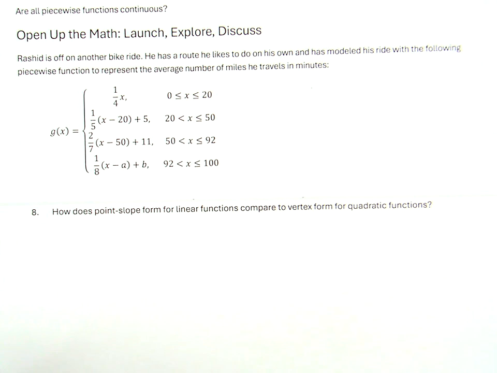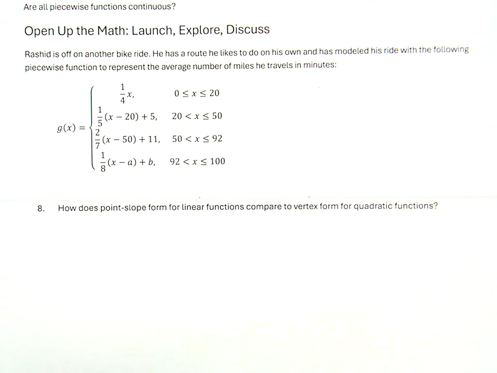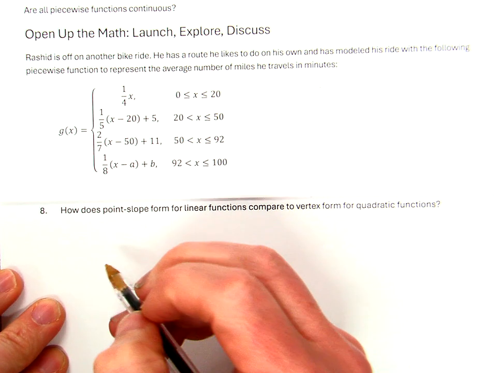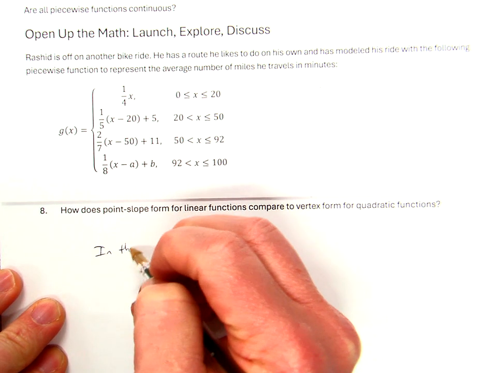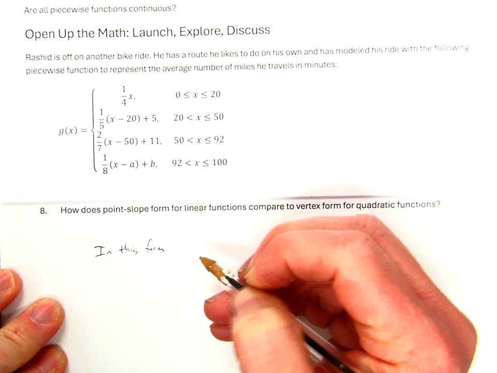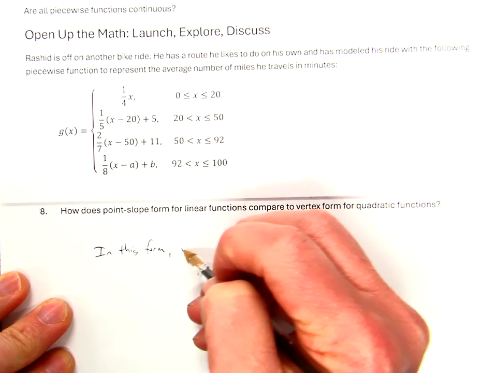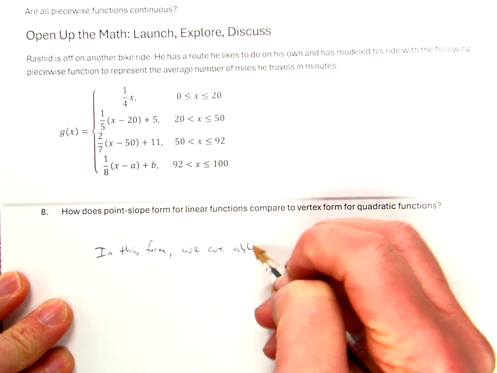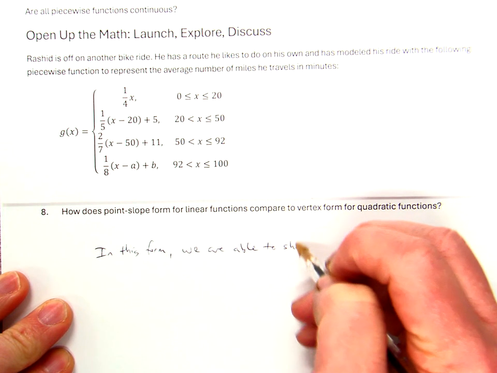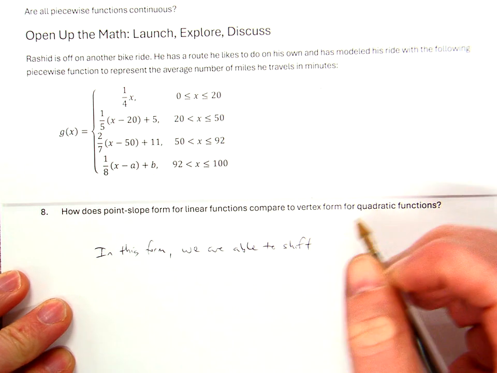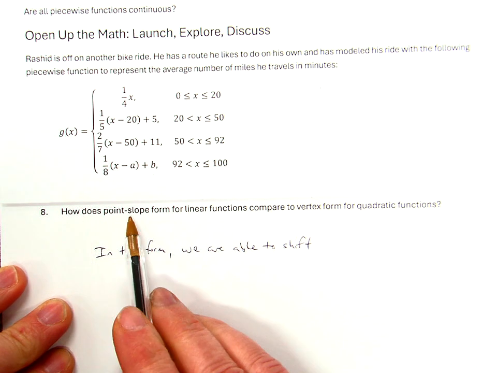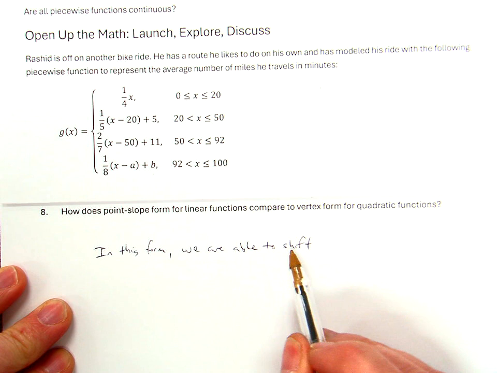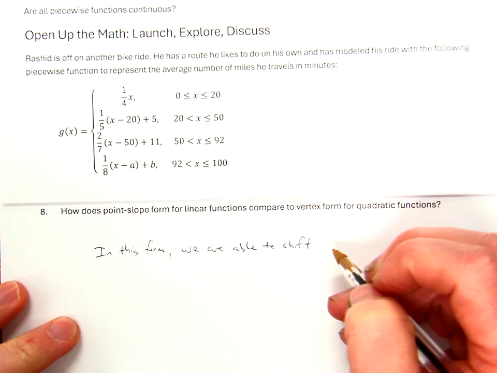How does the point slope form of the linear function compare to the vertex form of a quadratic? Well, we can base this on what we did with the quadratics. We can say that in this form, since we're comparing the point slope form of the linear, we can shift a basic linear function.